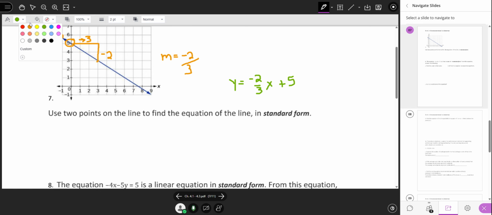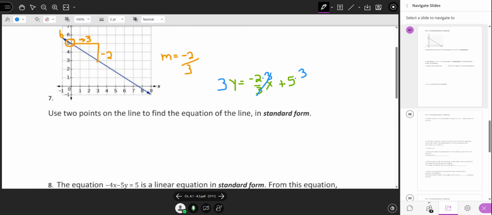I kill that 3 by multiplying everything by that denominator. Kind of like a seesaw.